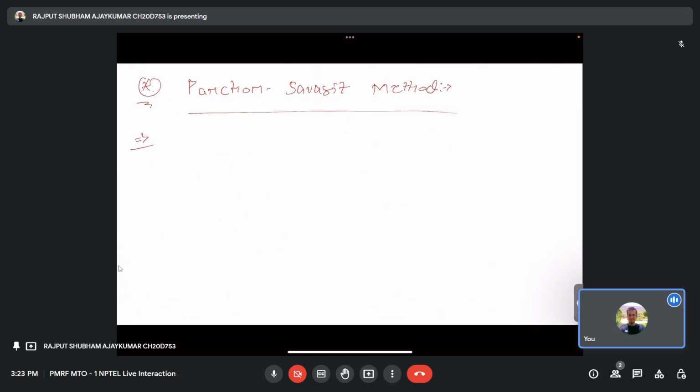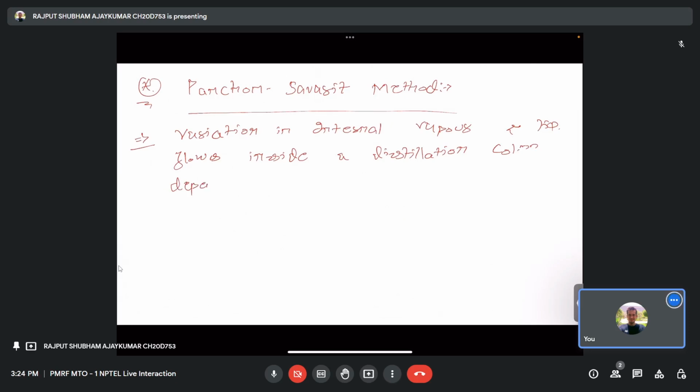So the main thing is that variation in internal vapor and liquid flows inside a distillation column depend on the enthalpies of the mixture.